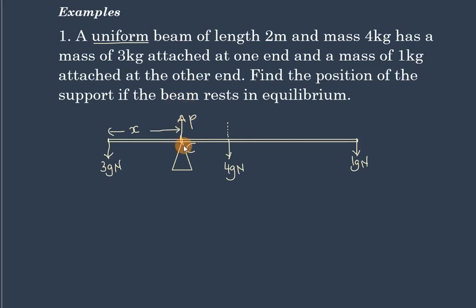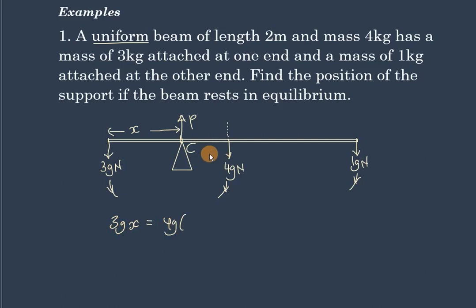It has no moment about that same point. This moment is anti-clockwise, this one is clockwise, and this one is also clockwise. So the sum of clockwise moments about the point C is equal to the sum of the anti-clockwise moments. So we have that 3g x is equal to 4g.